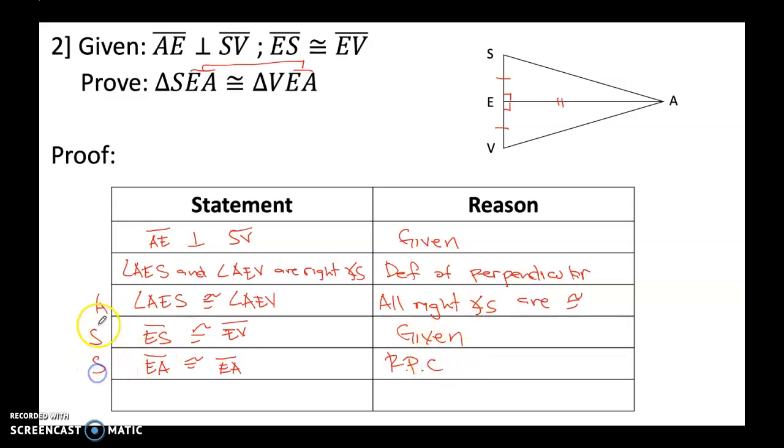Now we have three parts: angle, side, side. Let's check if the angle is included or not. Based on the given figure, the angle is included because it's in between the two given sides. So therefore, triangle SEA is congruent to triangle BEA by the SAS postulate, the side-angle-side postulate.